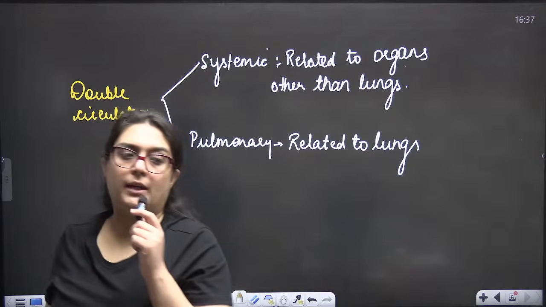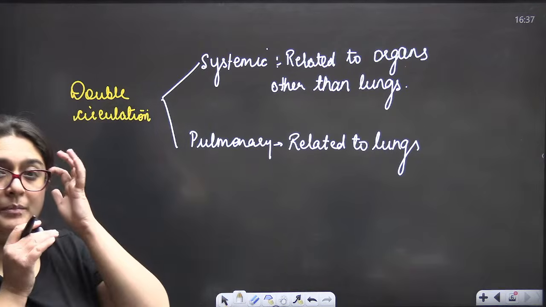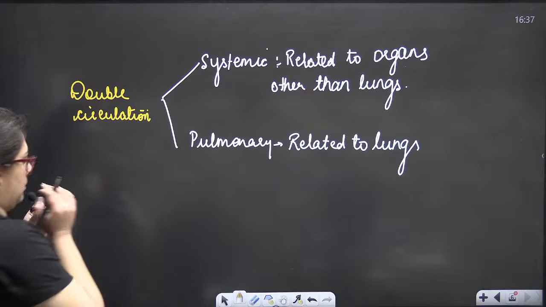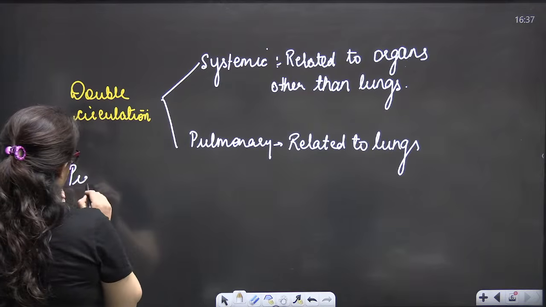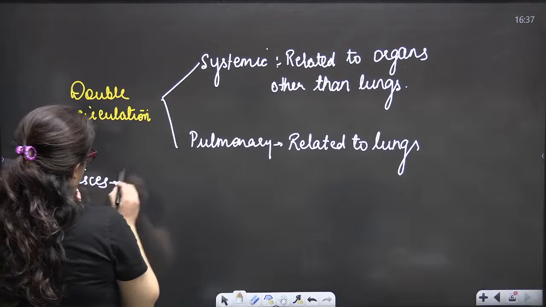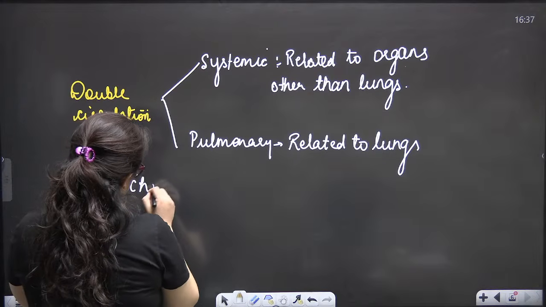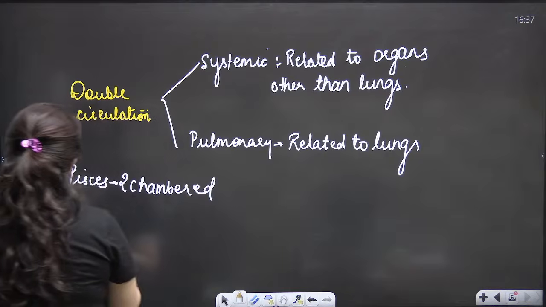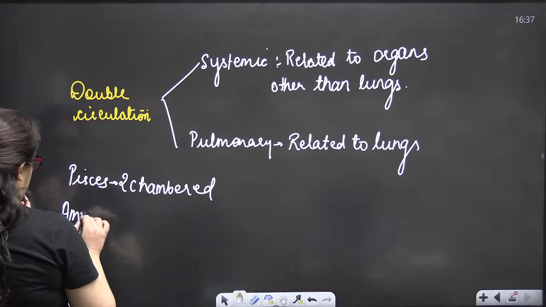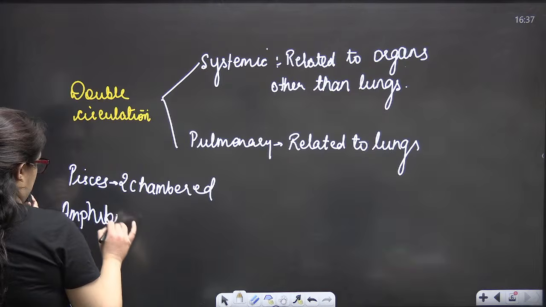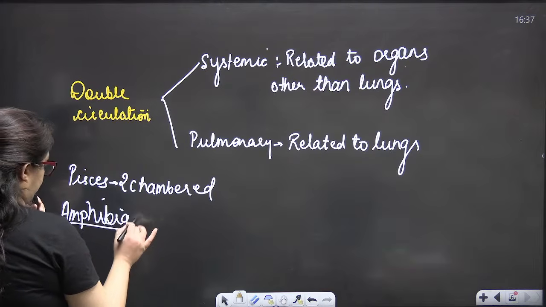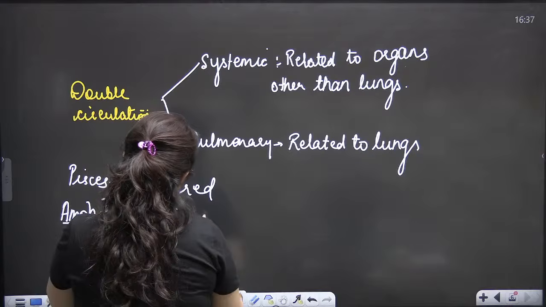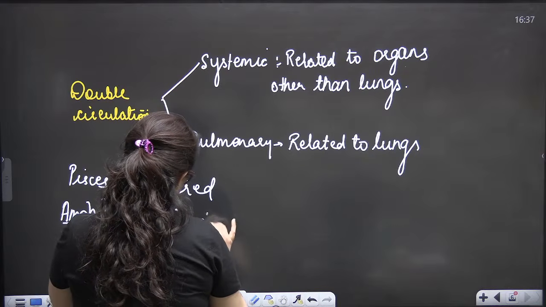Now, if we consider the animal kingdom, like Pisces, the heart is two chambered. Amphibia, three chambered.